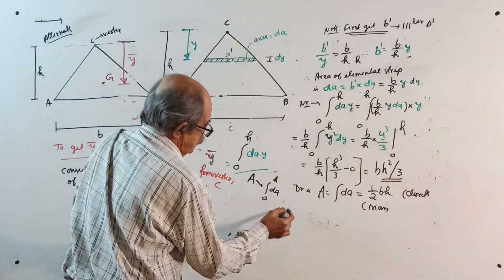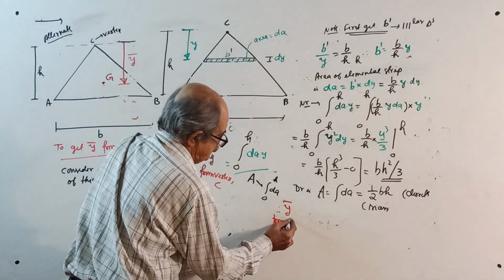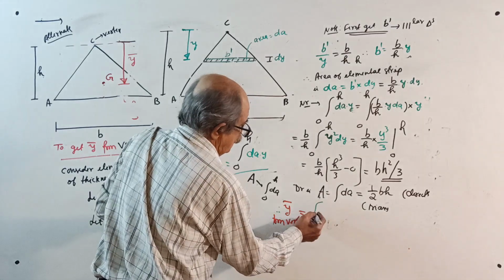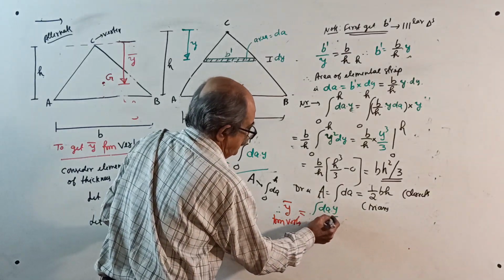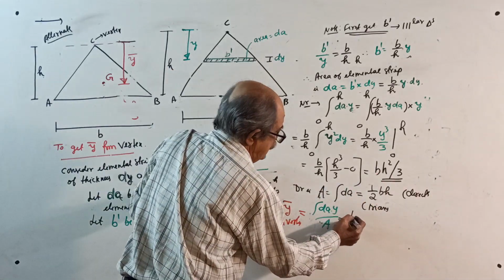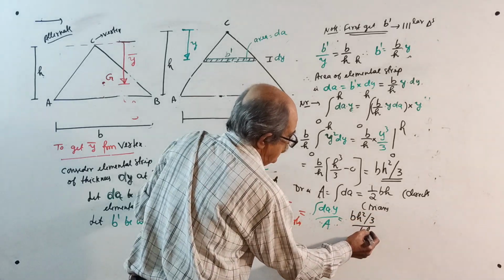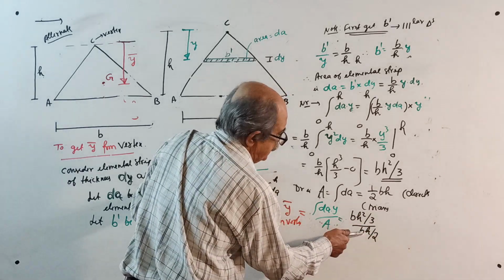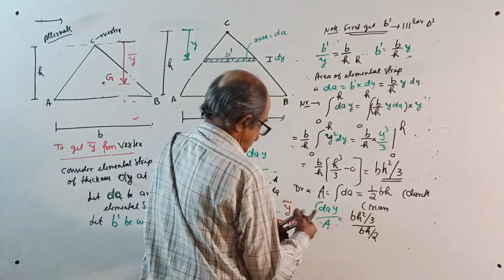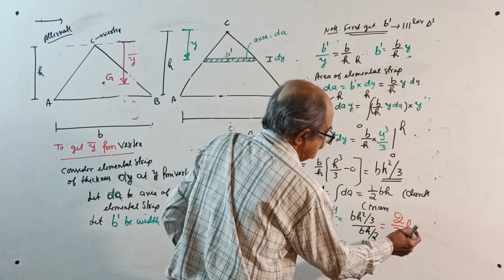Therefore, your y bar from vertex C equals the integration of dA into y by total area, that is, BH square by 3 divided by BH by 2. B cancels, H square by H is H, and the 2 goes to the numerator, giving 2 by 3 of H.